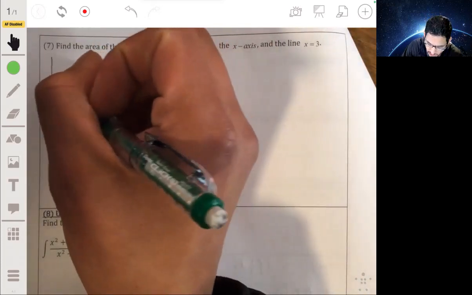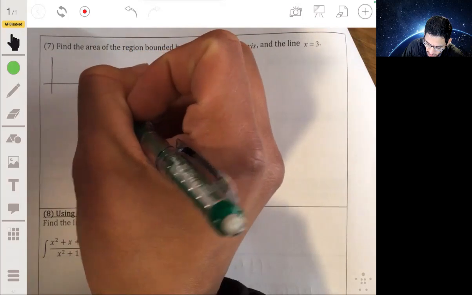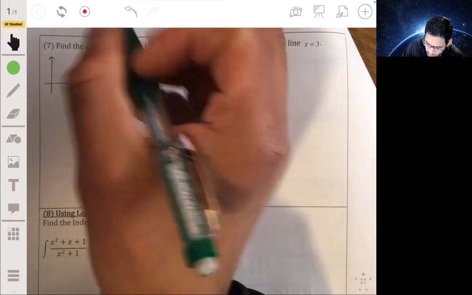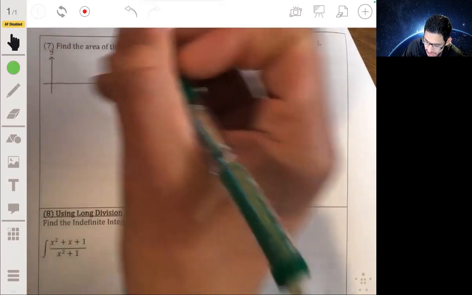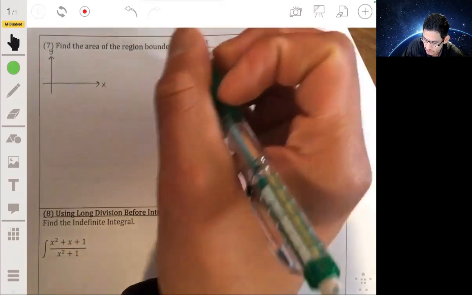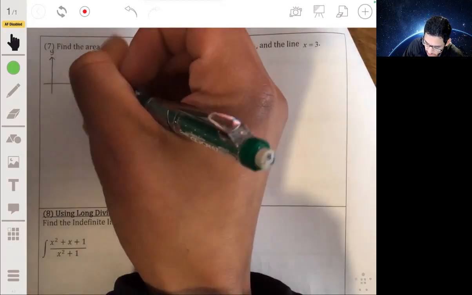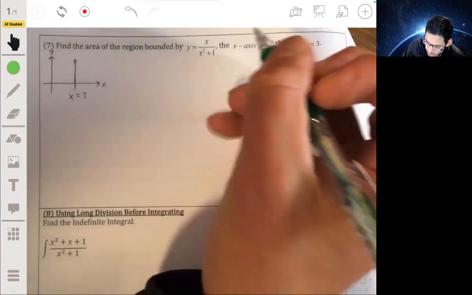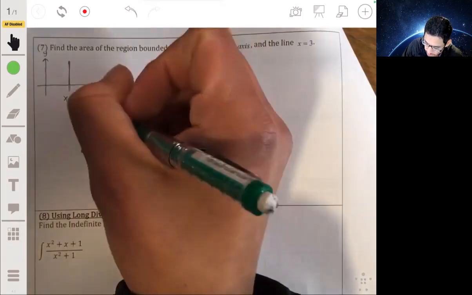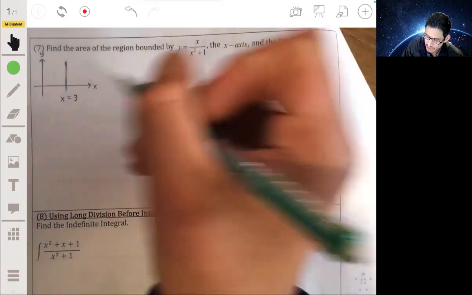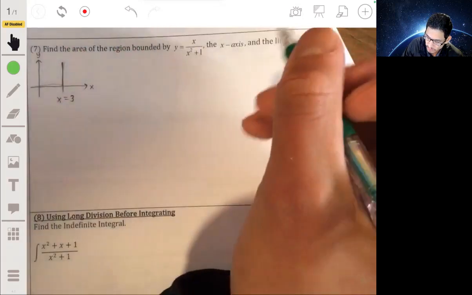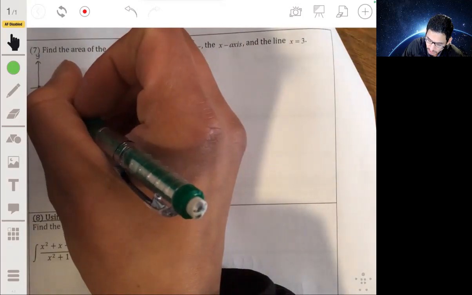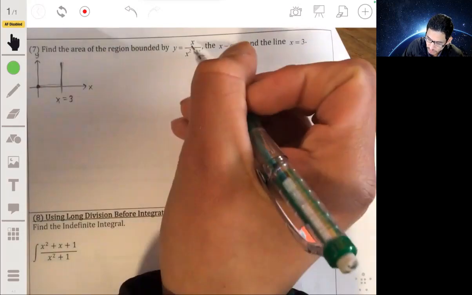I mean, you really don't actually need to know exactly what this looks like. But you can just use some logic, because if you're saying the line x equals 3, and the x-axis, so here and here, and then we plug in 0 to that, we know it's going to be at 0, 0.